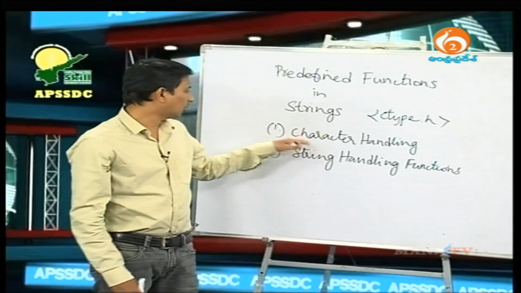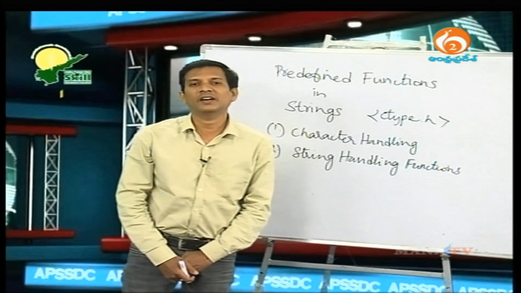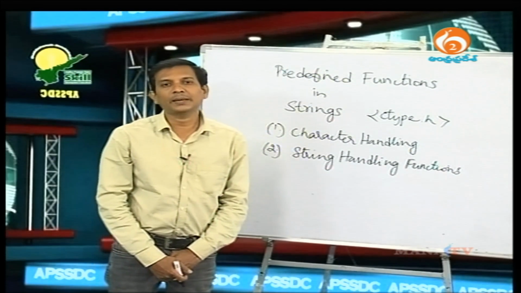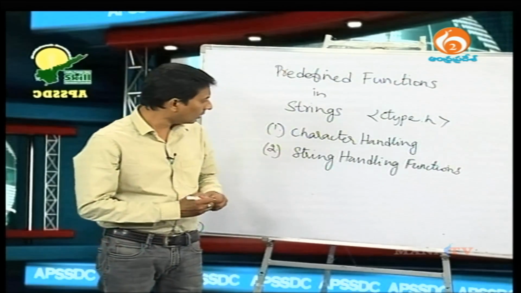So before calling a character handling function, we must include the header file. That header file name is ctype.h.